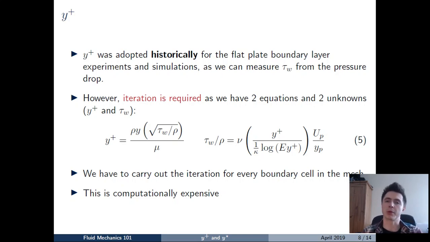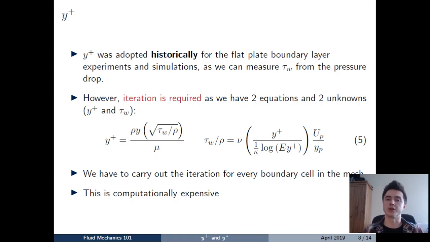Now, the yPlus treatment has been adopted historically for CFD codes, and the reason for this goes back to the original experimental measurements, where for the experiments we had essentially a flat plate boundary layer flow between two parallel plates, as we saw in the previous slides.